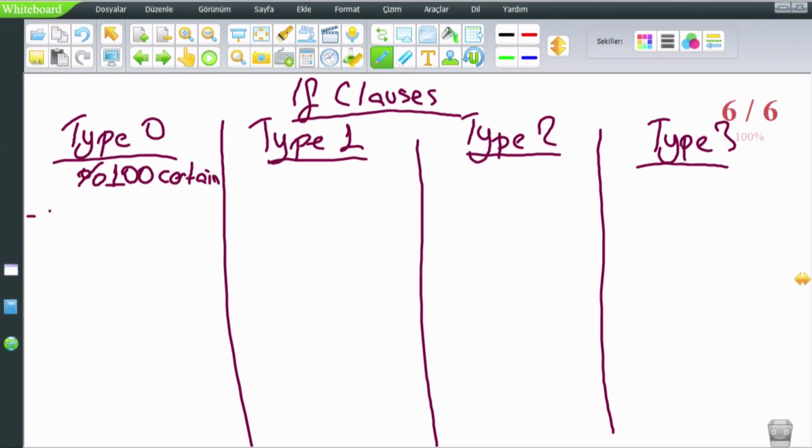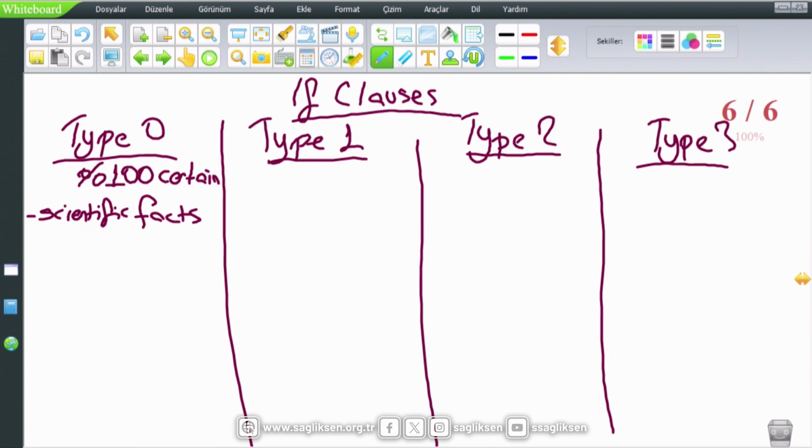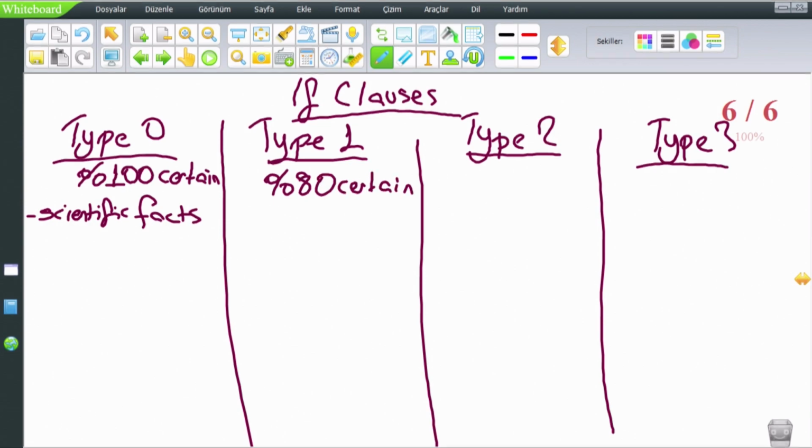So we're talking about scientific facts here, something that can be proven. In type 1, we are again pretty sure, but it is not as certain as type 0. So let's say 80% certain.